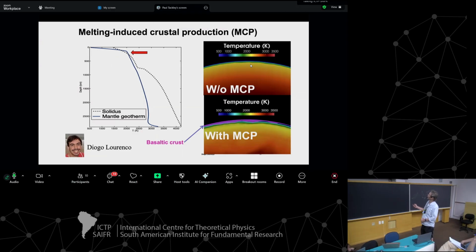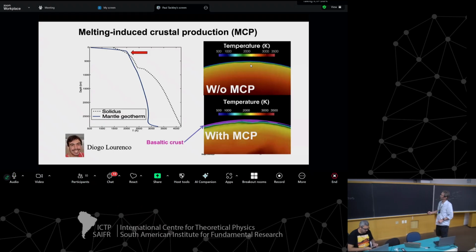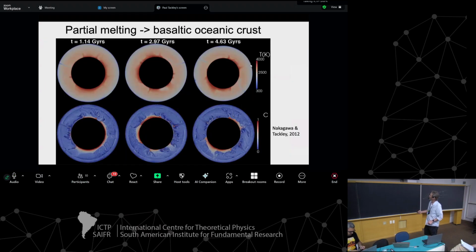If you ignore melting-induced crustal production, then you have a purely thermal convection model. If you include this, then you can erupt the melt and produce a basaltic crust. We have shown, particularly Diogo, that this has some important effects.